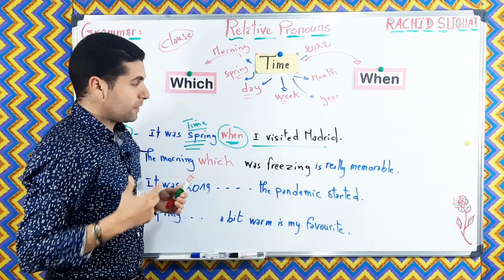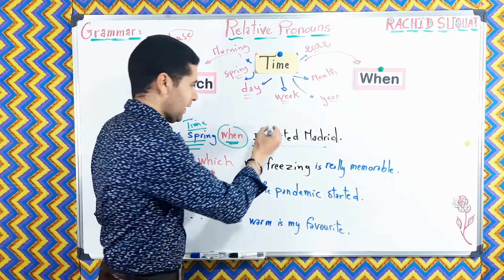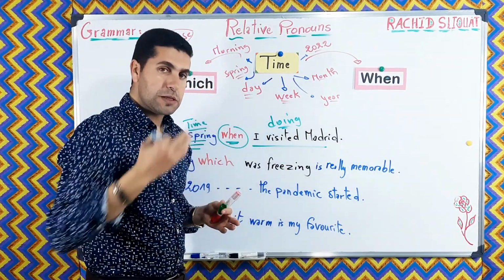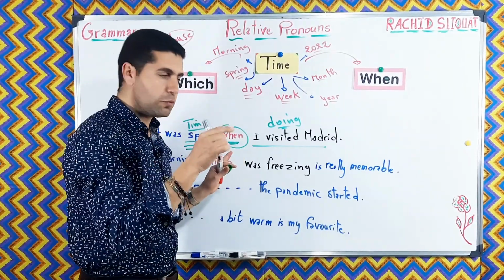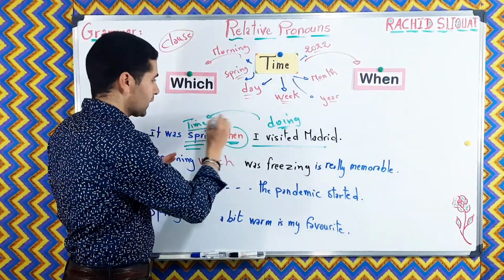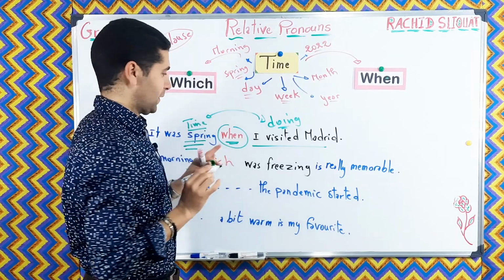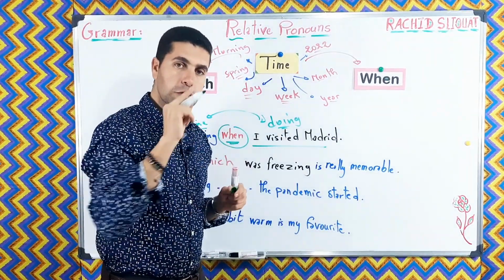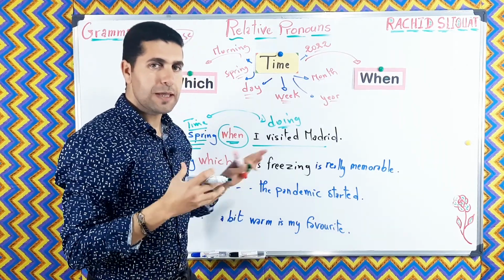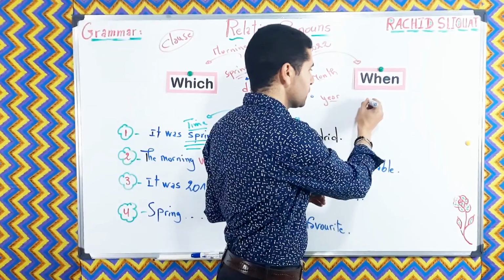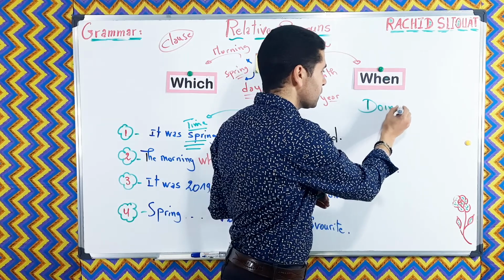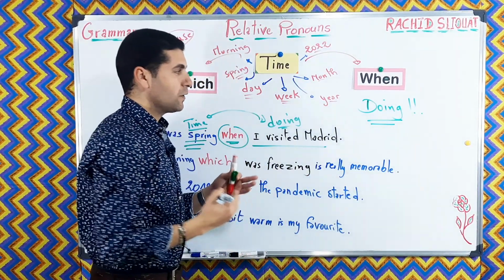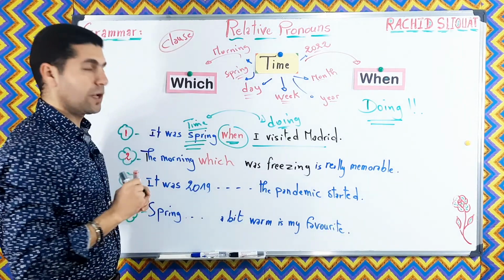Visiting a place is something to do with doing, something we do in that specific time. So when is related to what we do in that specific moment of time. So when is used for doing something in that particular time.